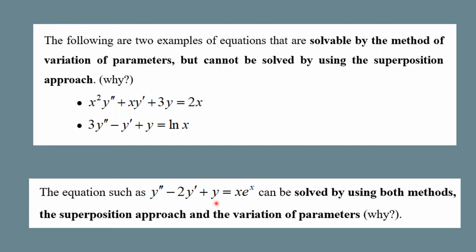Now, whenever we can solve an equation using the superposition approach, it means that we can also solve it by using variation of parameters, because there's no restriction in terms of the coefficients, and also no restriction in terms of the function g(x).